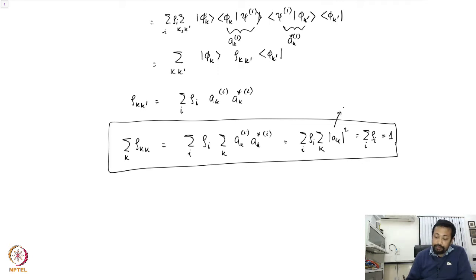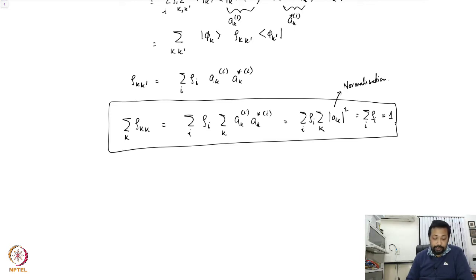Because the sum over k of mod a k squared being 1 follows from the normalization of the wave function, and the total of probabilities, the sum over I of rho I, must be equal to 1. So this is the normalization condition that we can have. Correct? Good.